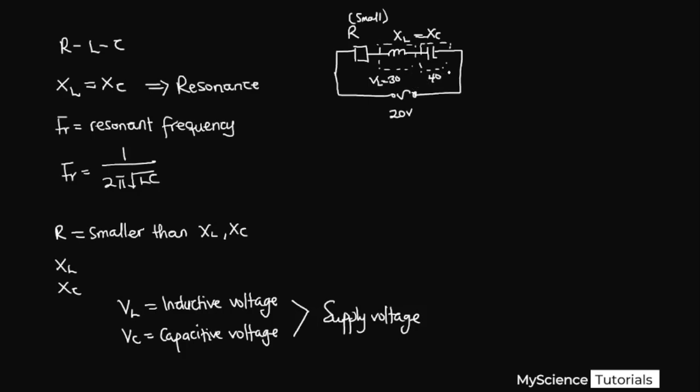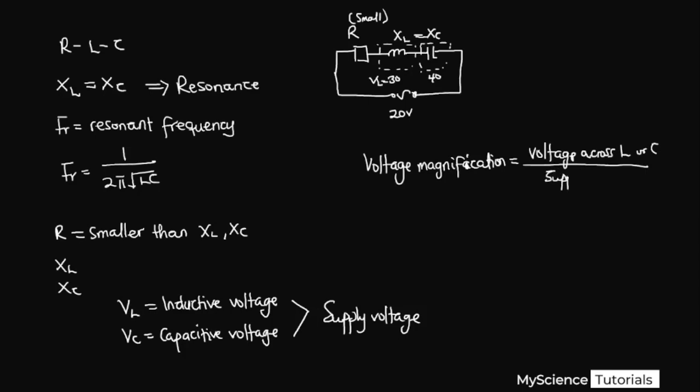So how do we calculate that voltage magnification or the Q factor? The voltage magnification is given to us mathematically as the voltage across either the inductor or the capacitor over the supply voltage.